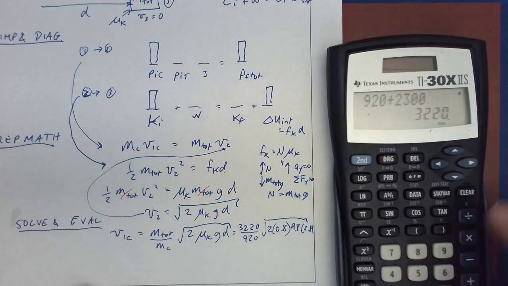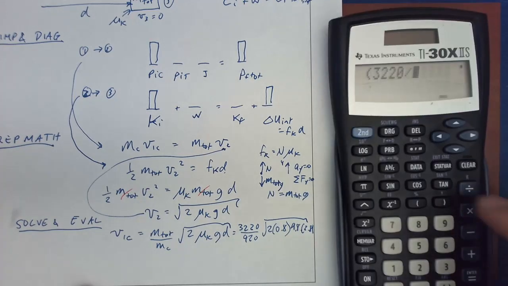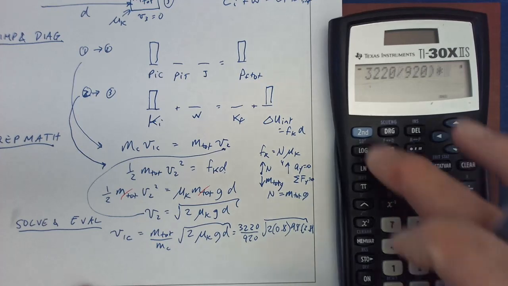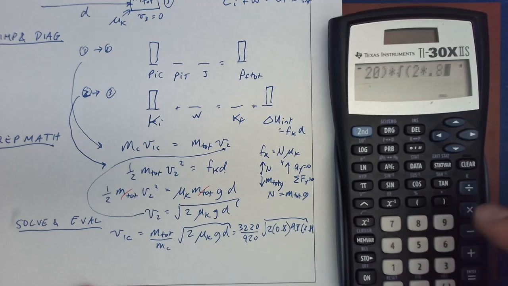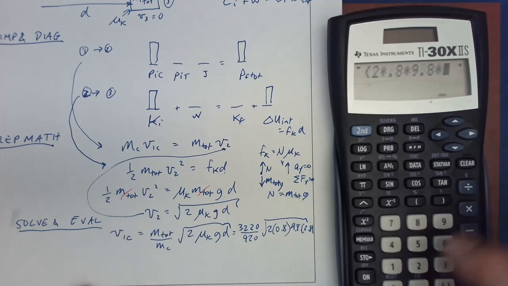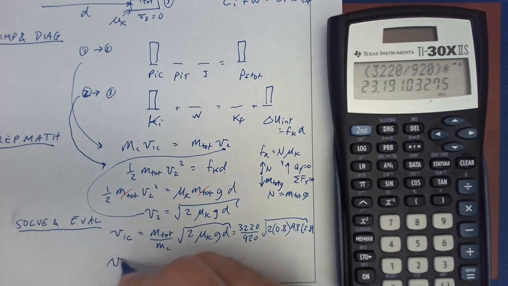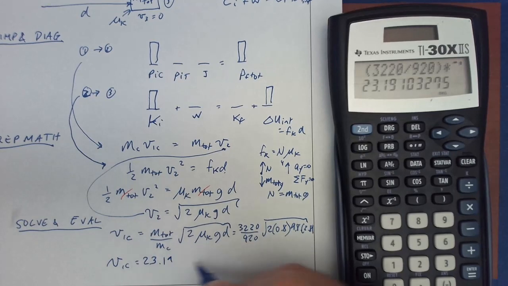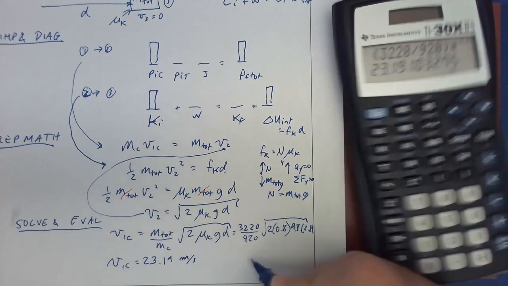So let's clear this. 3220 divided by 920 times the square root of 2 times 0.8 times 9.8 times 2.8. And I get V1 of the car is equal to 23.19. So, and that's meters per second.